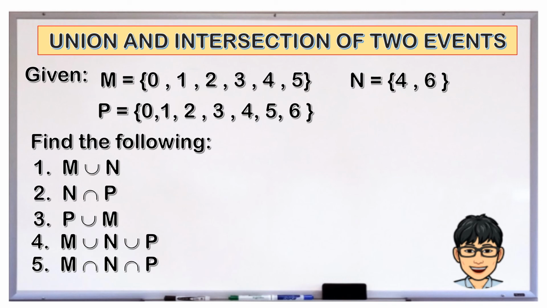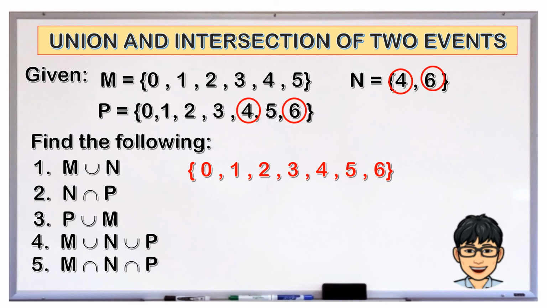Number 1, M union N. Ibig sabihin, i-combine natin lahat ng elements meron ang event M at event N. So, therefore, the answer is 0, 1, 2, 3, 4, 5, 6. Number 2, N intersection P. So, dito naman, hahanapin natin yung common element meron ang event N at event P natin.